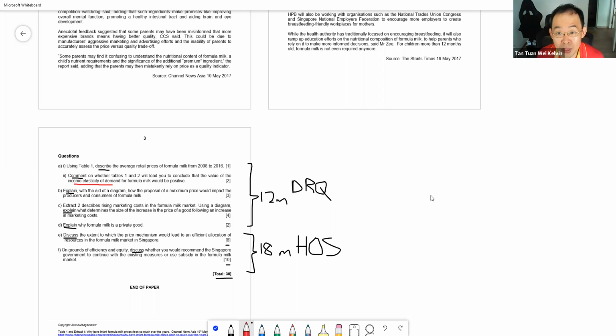If you look at part B, they also spell out the econs concept, which is maximum price. Hopefully when you see such questions, as they spell out the econs concept, you will have an idea what are the terms that you have to say.